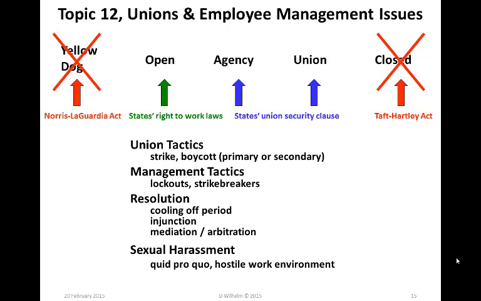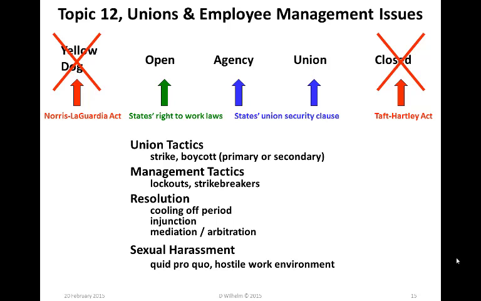Agency shops: in these, the new employee does not have to join the union, but they do have to pay union dues, the theory being that the union is working as their agent with respect to the company. Both of these are generally in states where there is a union security clause.